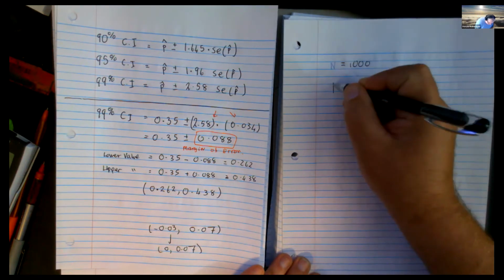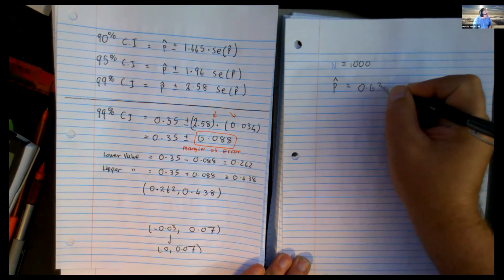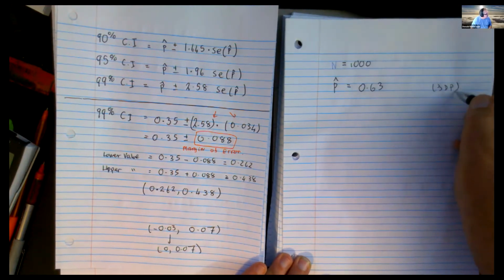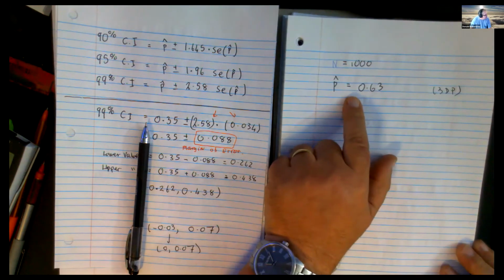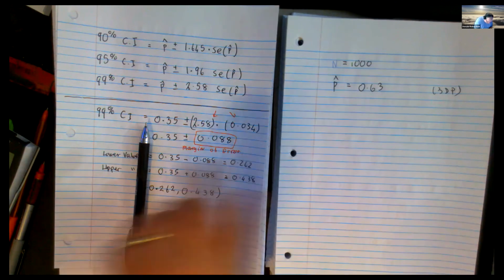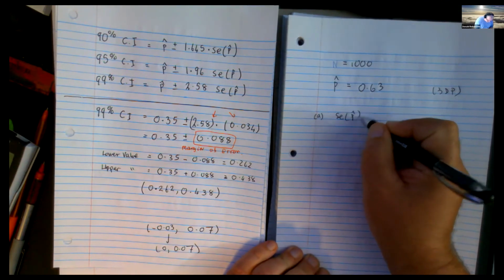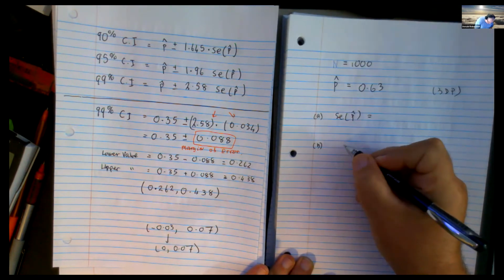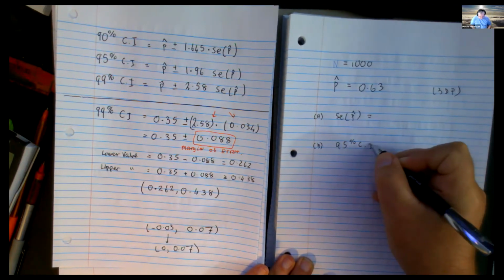So they have just told me that p hat is going to be 0.63. That's fine. And just to remind myself, everything is 3 decimal places. And we would like to calculate standard error, and then, right after that, a 95% confidence interval.